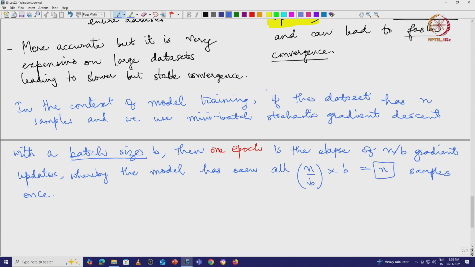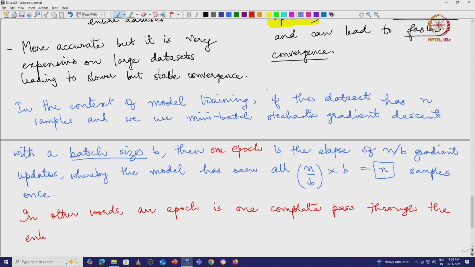So one epoch is the elapse of n by b gradient updates, so that the model has seen all the samples, right. So in other words, an epoch is one complete pass through the entire training data set of the ML model.